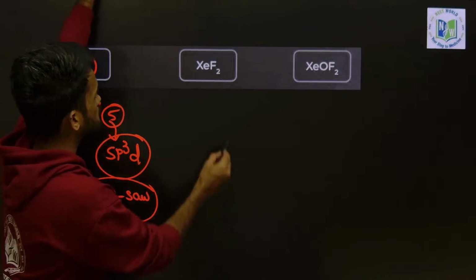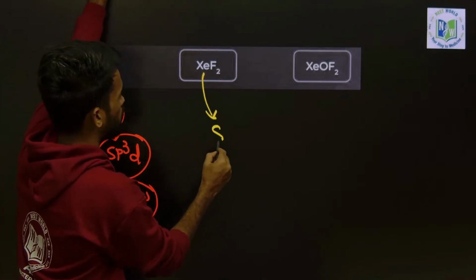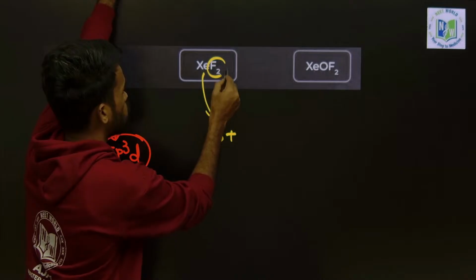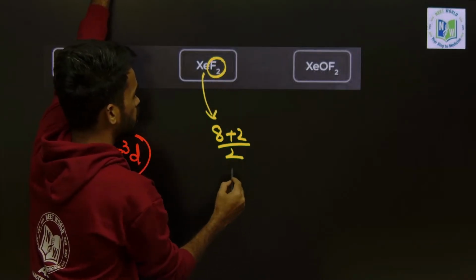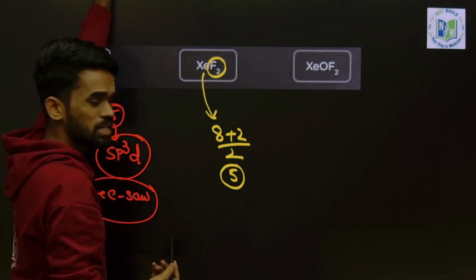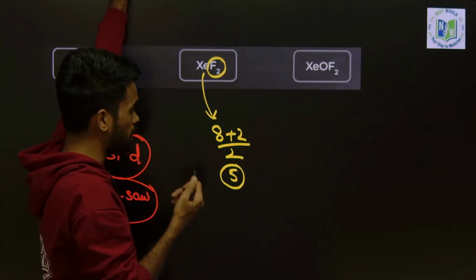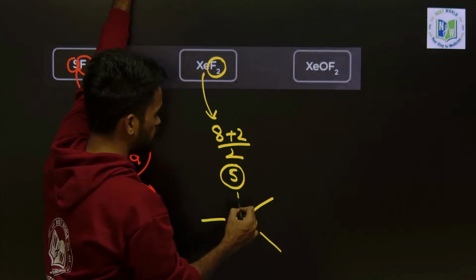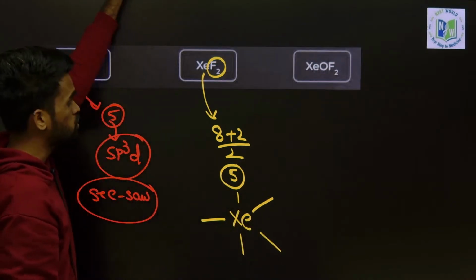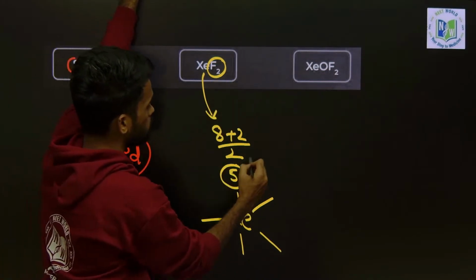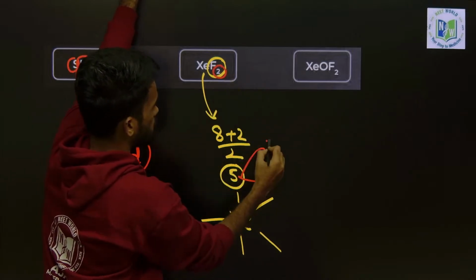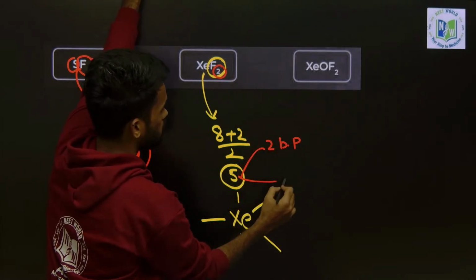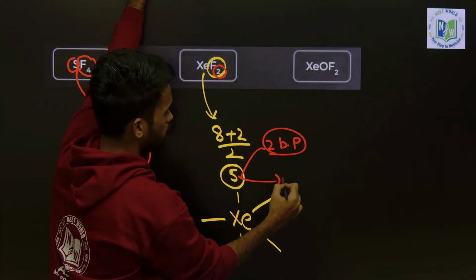In this case, xenon is an 18th group element, so 8 valence electrons, 2 surrounding atoms, by 2, 10 by 2 means 5. So 5 means trigonal bipyramidal geometry, but in that we have 2 different positions, axial and equatorial. Out of this 5, only 2 surrounding atoms are there, so 2 bond pairs, and the remaining 3 are lone pairs.